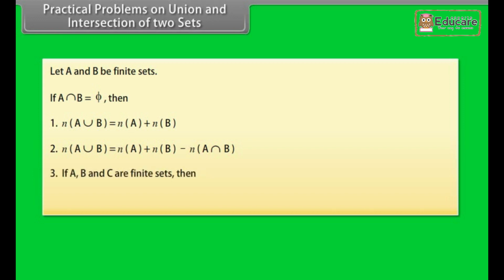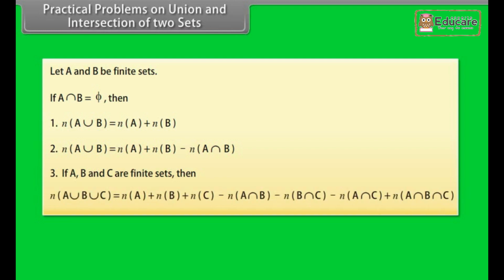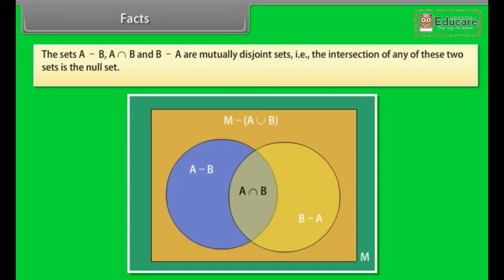If A, B and C are finite sets, then the following facts hold. The sets A minus B, A intersection B and B minus A are mutually disjoint sets. That is, the intersection of any two of these sets is the null set.